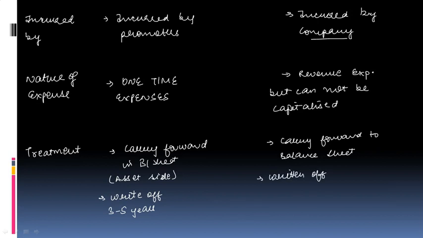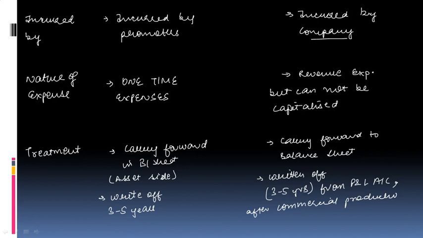And they are again written off for a period of 3 to 5 years from profit and loss account after commercial production. Once your commercial production has started, then you can write off such kind of things.